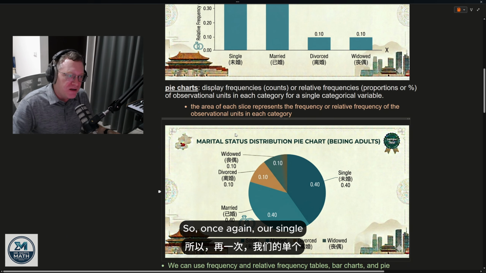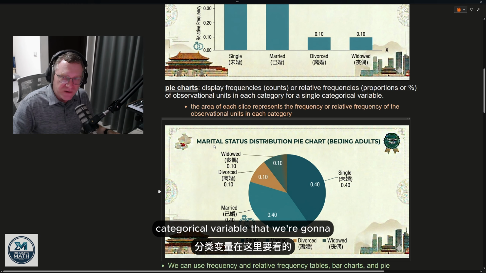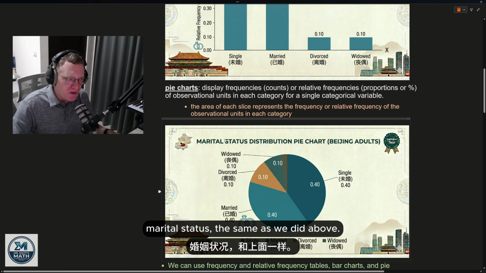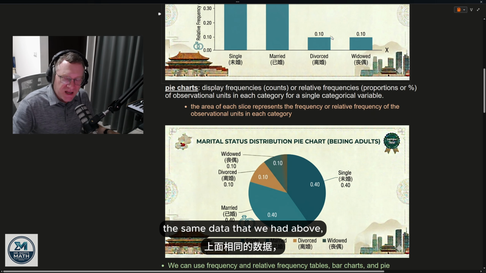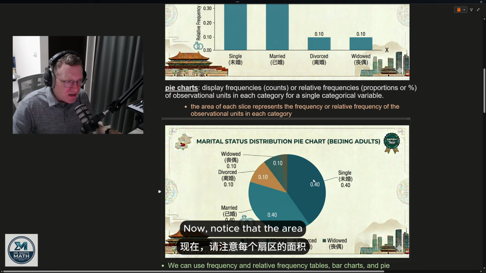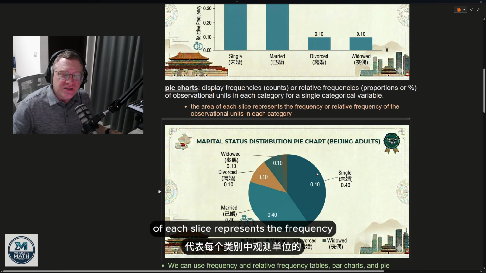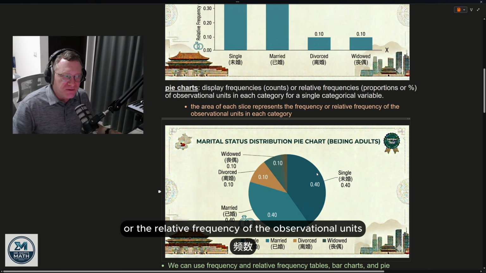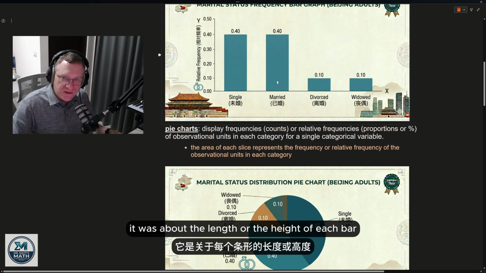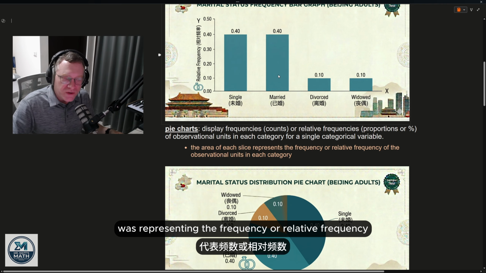Once again, our single categorical variable that we're going to be looking at here is marital status, the same as we did above. So we're basically going to take the same data that we had above, but we're just using a different way to represent it. Now, notice that the area of each slice represents the frequency or the relative frequency of the observational units in each category. So up here, it was the length or the height of each bar representing the frequency or relative frequency.